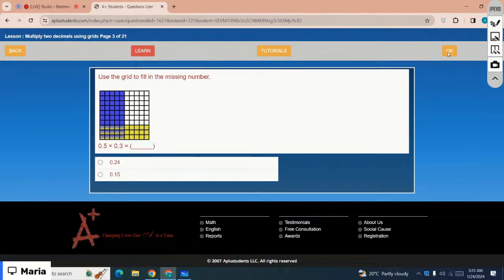Use the grid to fill in the missing number. You are given the numbers, they are 0.5 and 0.3, right?